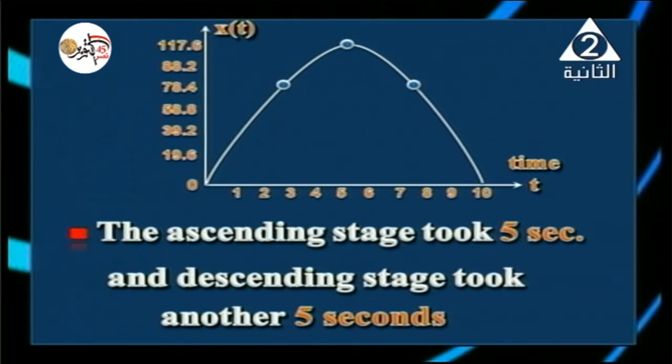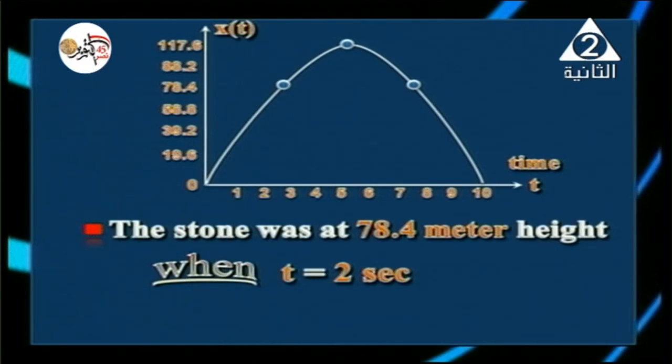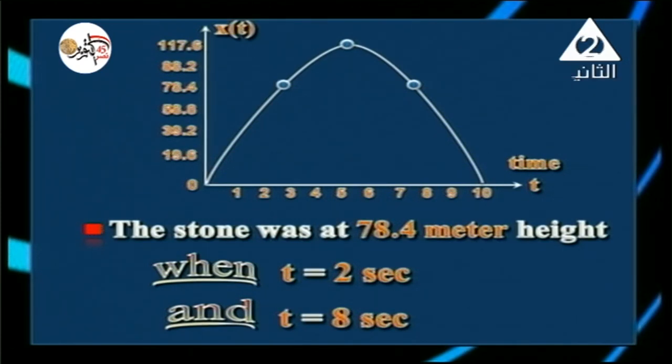Ascending and descending. The stone was at 78.4 meter height when t equals what? t equals 2. Look, when t equals 2, the stone was at 78.4 meter height, and also when t equals 8. My dear student, the stone was at 78.4 when time equals 2 and when time equals 8.